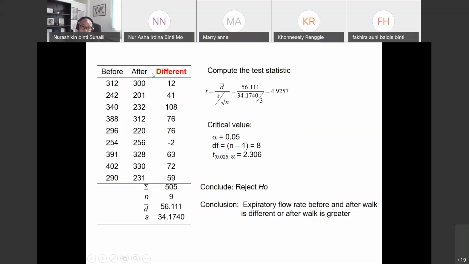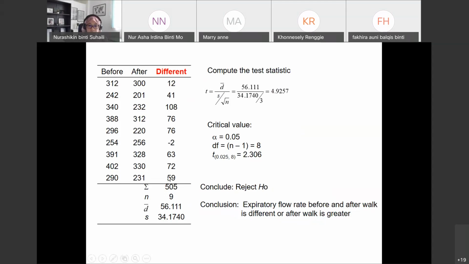Okay, so for each of the matched data over here, you have to find the difference. Right? 312 minus 300 is 12, 242 minus 201 is 41, and so on until the end of the data. And at the end here, you have to sum the difference. 12 plus 41 plus 108 plus 76 minus 2 plus 63 plus 72 plus 59 is equal to 505.